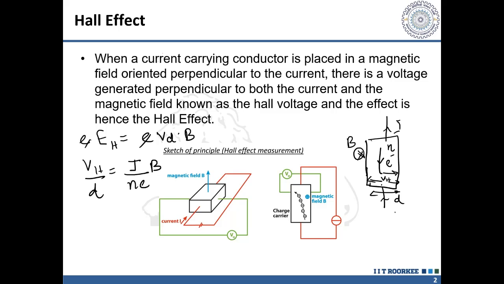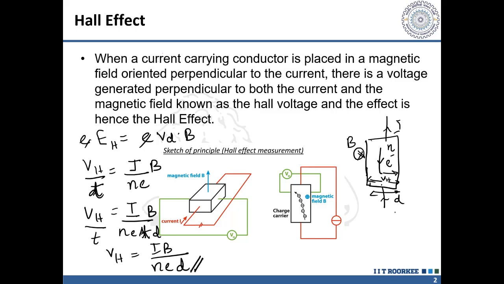J can be written as I by NEA times B. And sorry, this should be T, yeah. So VH should be equal to IB by NET times T. So you get VH is equal to IB by NED.